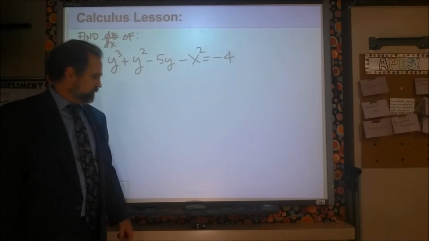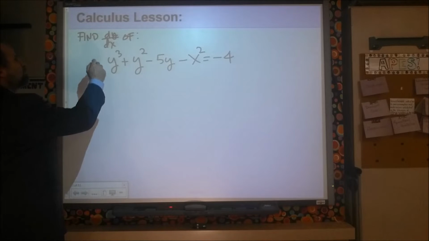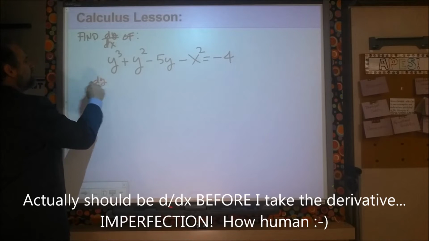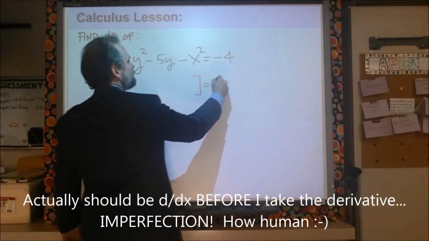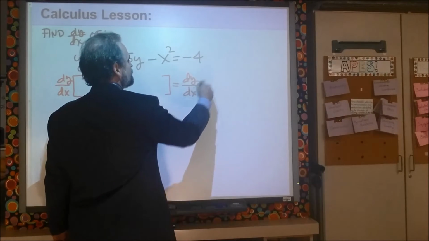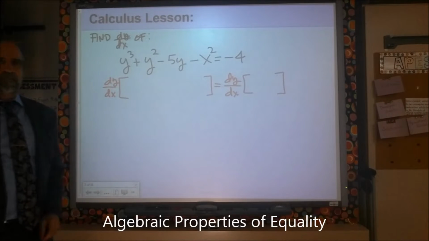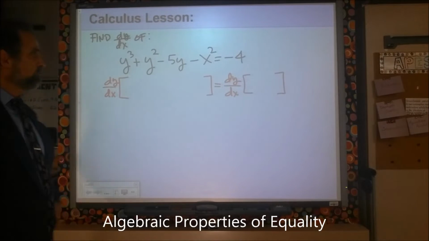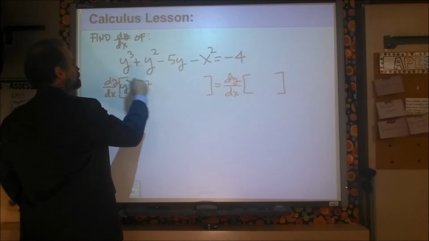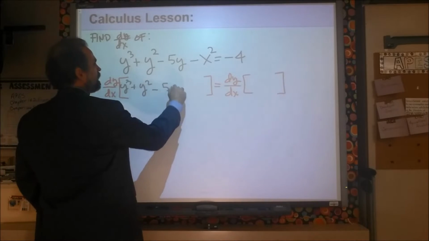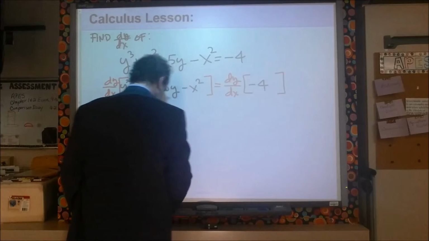So I'm going to say, it says to do dy/dx, so I'm going to do dy/dx of this side and dy/dx of this side. What I do to one side, I do to the other, that basic rule of equality that we apply in algebra. So this is still y cubed plus y squared minus 5y minus x squared, and this is negative 4.